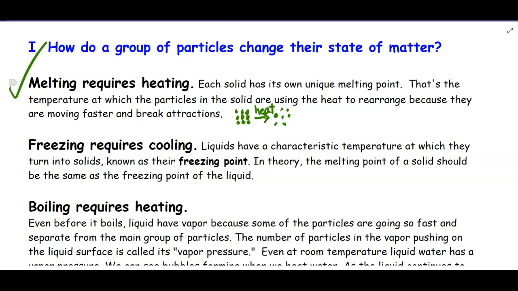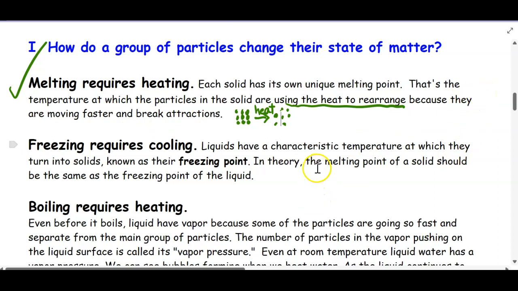In order to go from a solid arrangement to a liquid arrangement, we need heat. All right, so they're using the heat to rearrange, because with the heat they move faster, and the increase of the speed allows them to break attractions.